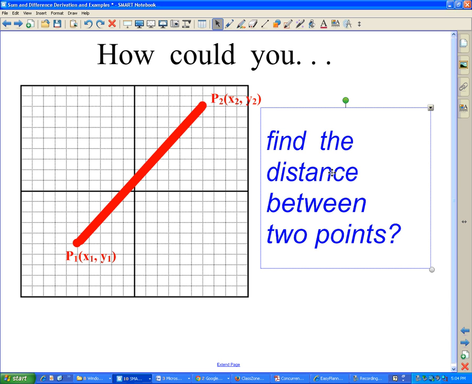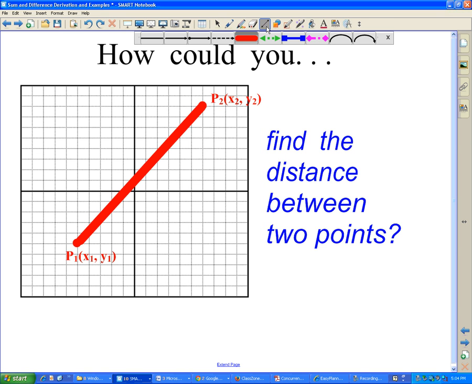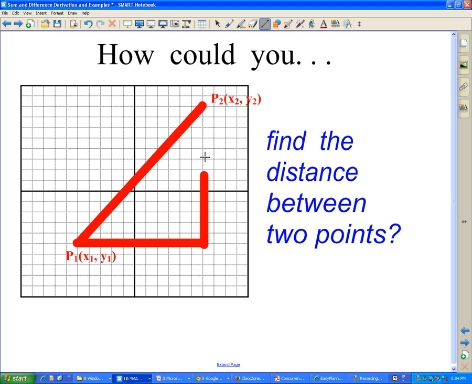The key comes down to something we learned a long time ago, right triangles. If we build a right triangle, making the distance we're trying to find the hypotenuse, we can pretty easily find the legs of the right triangle by simple subtraction.